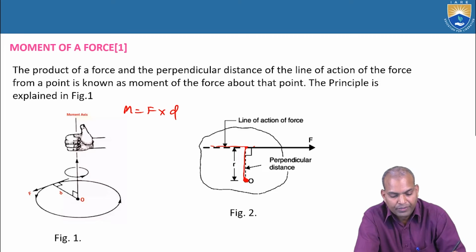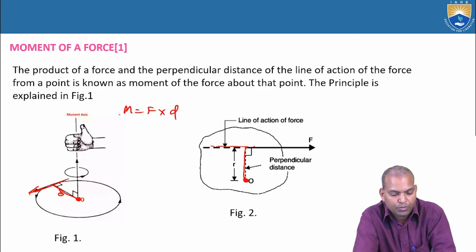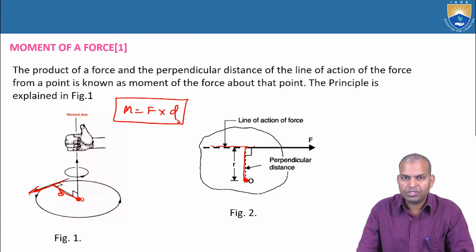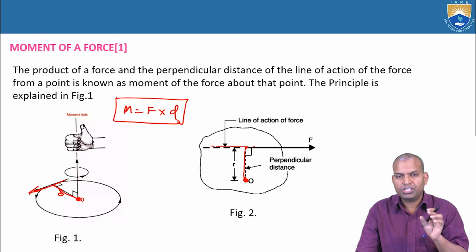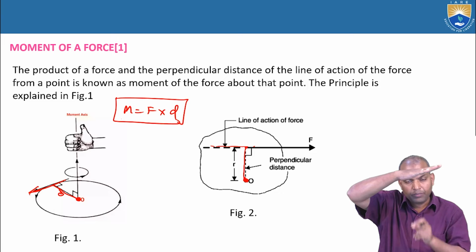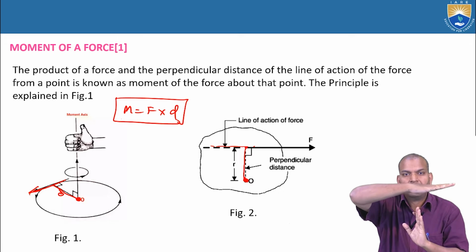For figure 1, the force F is acting, the perpendicular distance is d, so the moment of the force M equals F times d. D is the distance between the line of action of the force and the point, but the distance should be perpendicular.